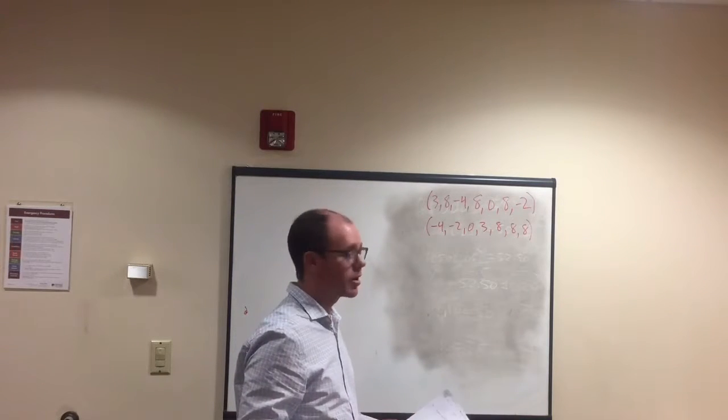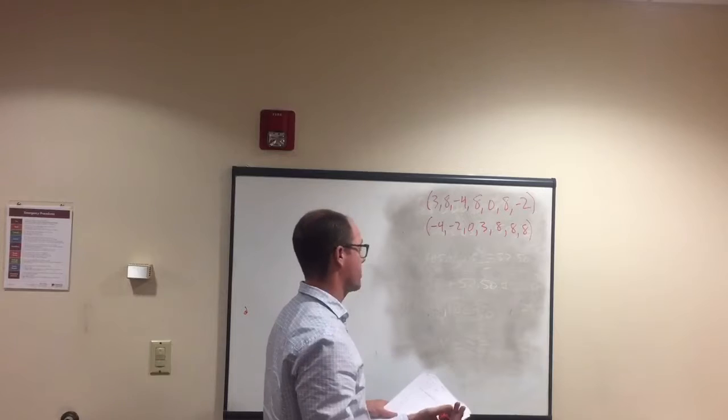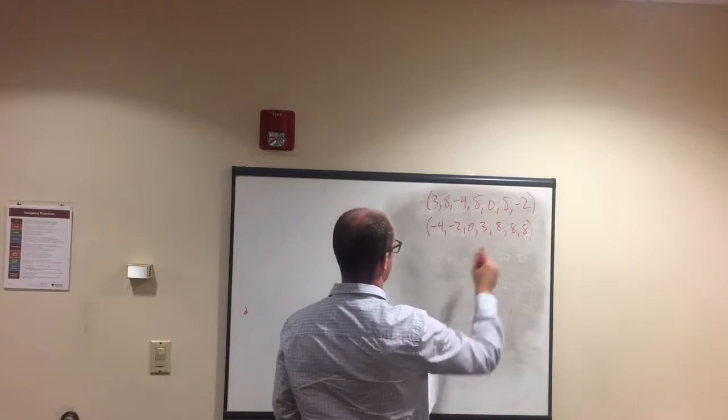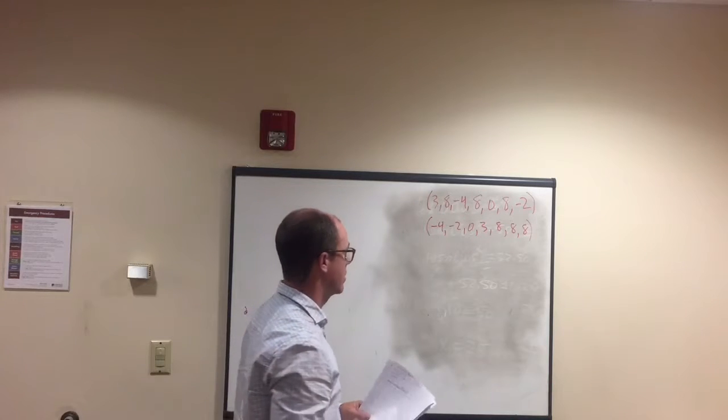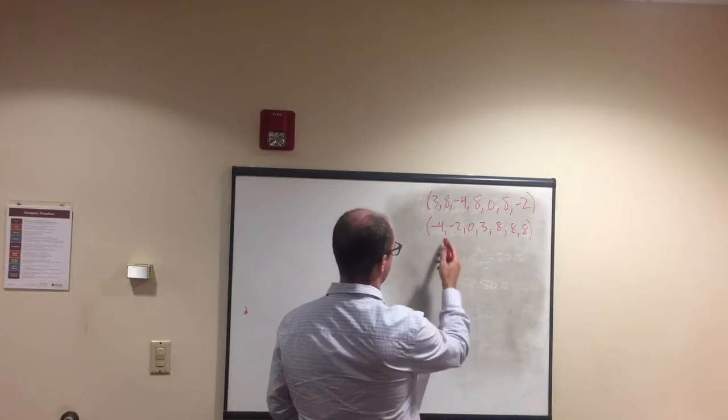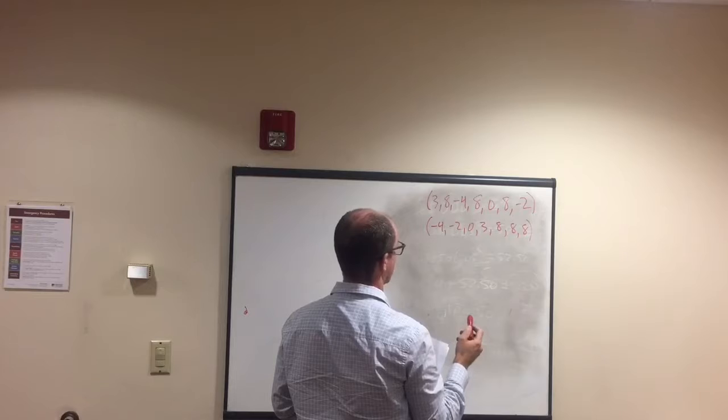mean just means average, right? And so what that means is add up all 7 of these numbers and then divide by 7. Okay, so if we were doing that, -4 plus -2 gives us -6.